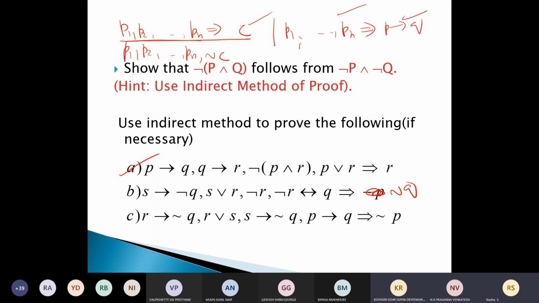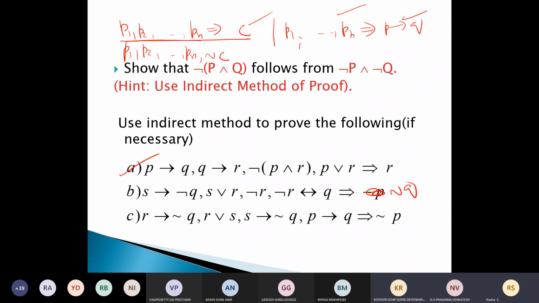Suppose with P1, P2 alone, you have to arrive at C. But what I am doing is, along with the given set of premises, I am taking not C as an additional premise. So I am assuming that C is not true, and considering that along with the given set of premises. What I should arrive at is a contradiction, a false statement.